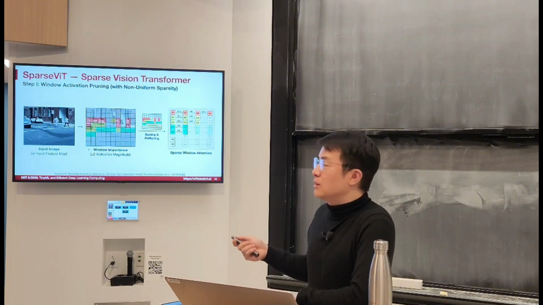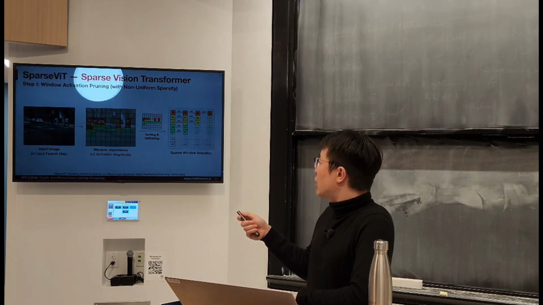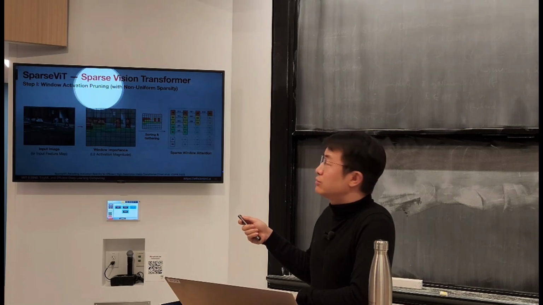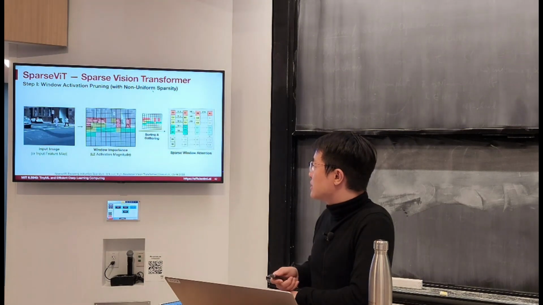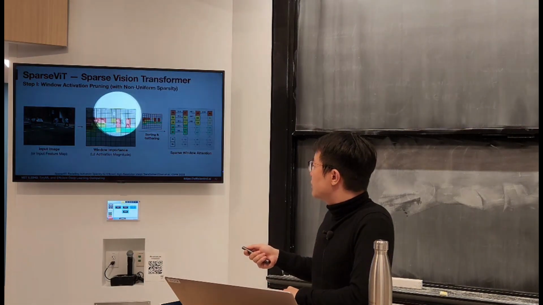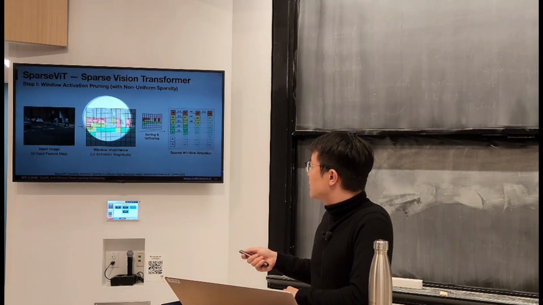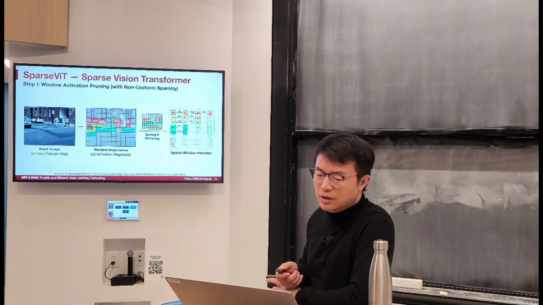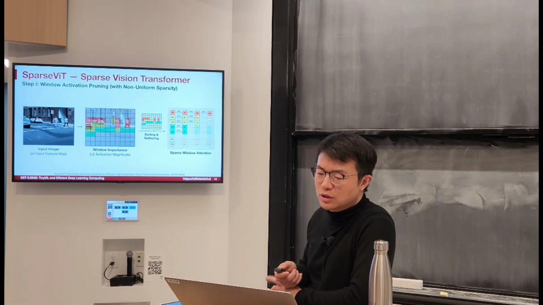So the first step about sparse ViT, which is sparse vision transformer, is to apply windowed activation pruning with non-uniform sparsity. So we prune away those redundant regions and only keep these useful areas, like the person here, the cars right here, which are the important windows.